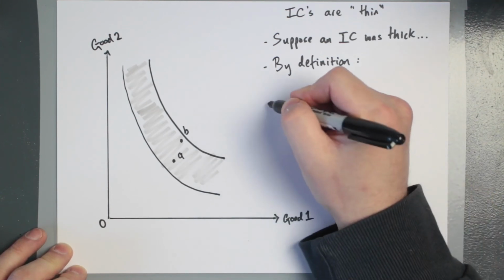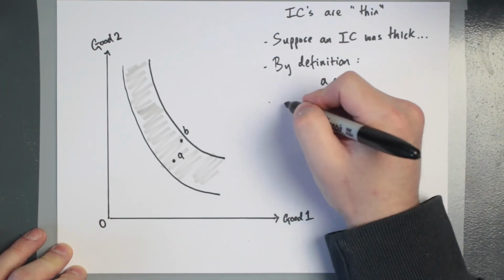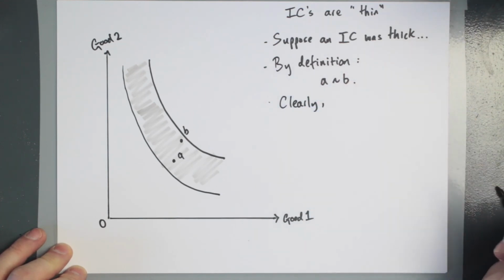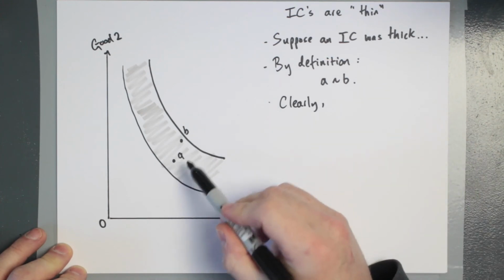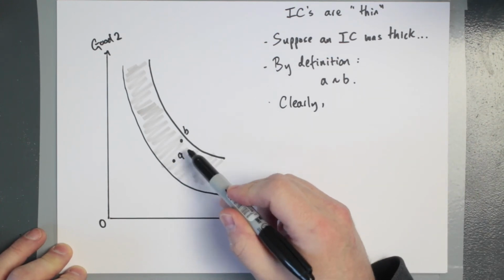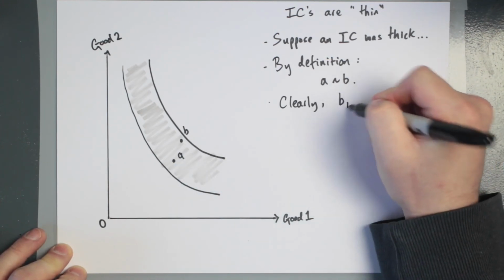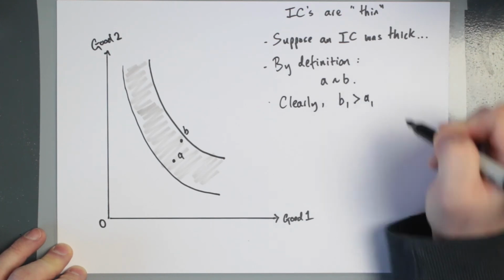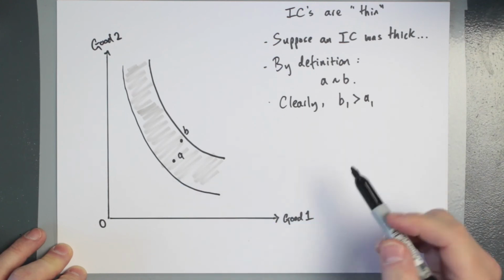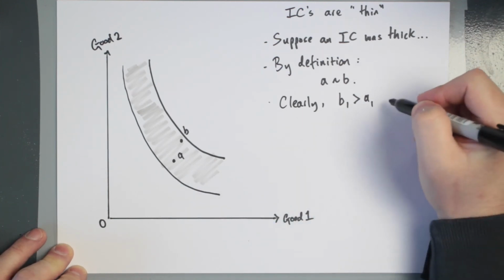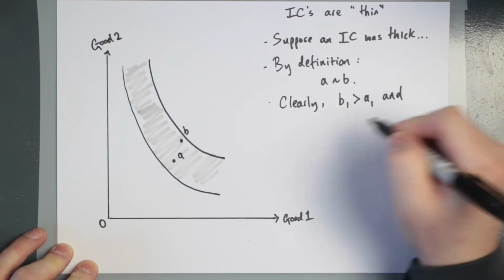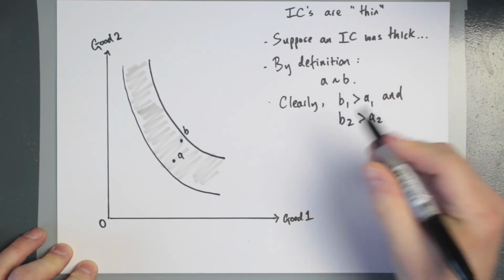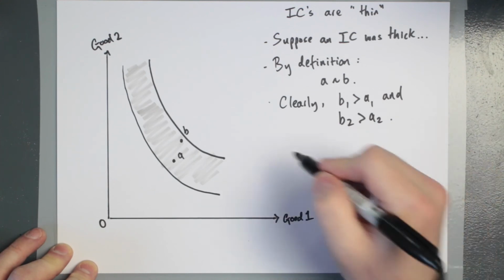Now clearly, if I look at the diagram, I've drawn bundle B so that it's bigger in both coordinates. So B1 is strictly greater than A1, it has more of good 1, and B2 is greater than A2, okay? So what can I say from this?